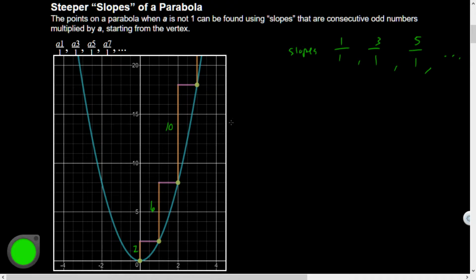So the slopes here were up 2 over 1, up 6 over 1, up 10 over 1. So my question for you is, what did I have to multiply these by to get 2, 6, and 10 for the rises? 1 times what is 2, 3 times what is 6, and 5 times what would be 10.